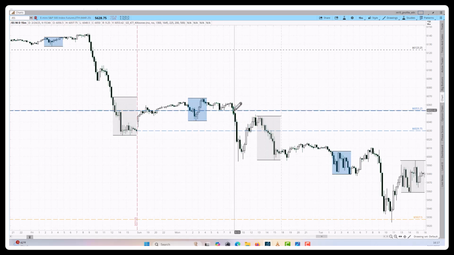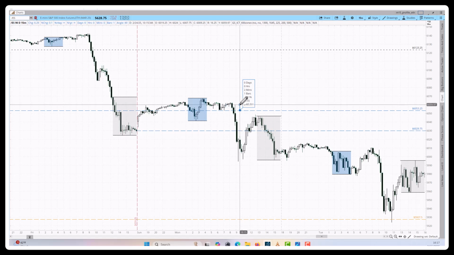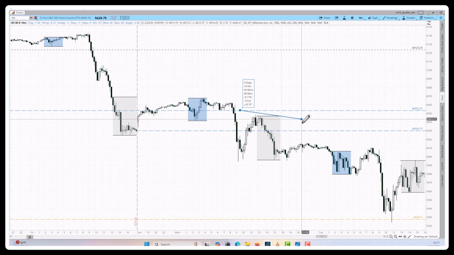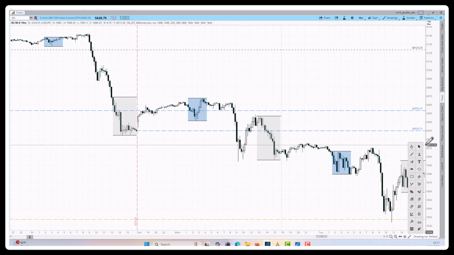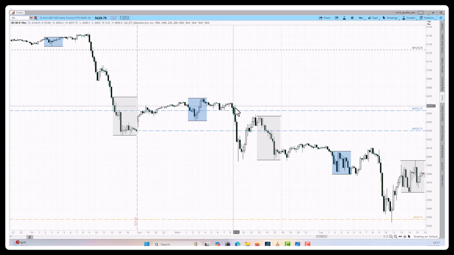Sell stop at what time? Yeah, so it's 5 points right there. It is 1 hour right there. So we can put a sell stop right there. That's how beautifully it manifests itself on a Monday.